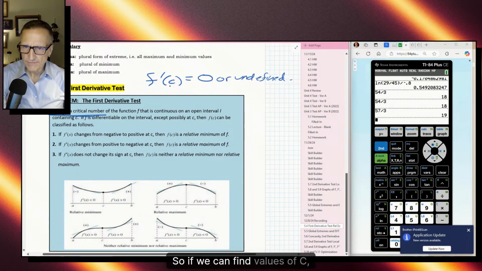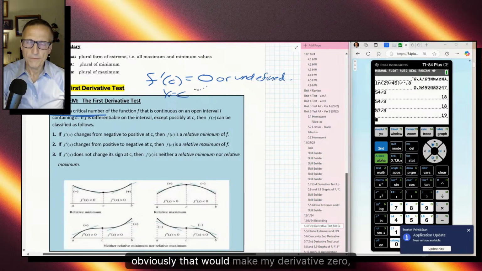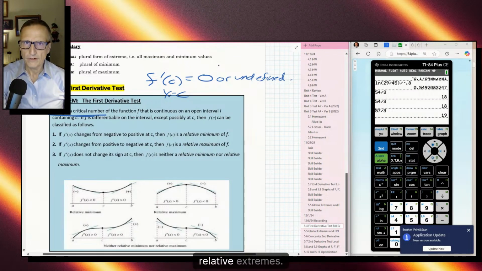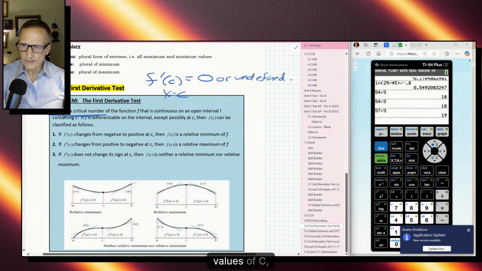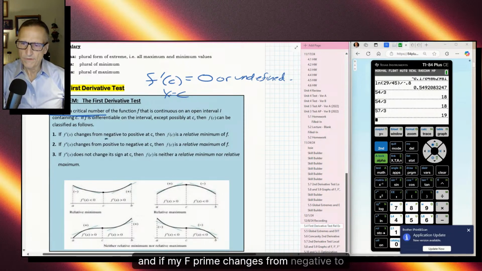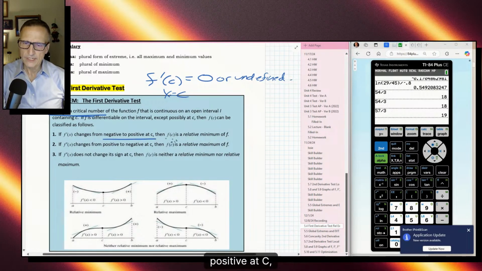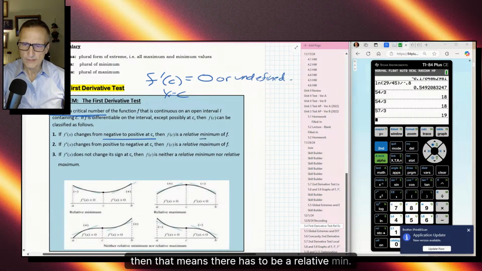So if we can find values of c, which is x equals c, that would make my derivative 0, or that would make it undefined, then those are going to be locations of potential relative extremes. So this is the official definition of the first derivative test: if we can find these values of c, and if my f prime changes from negative to positive at c, then there has to be a relative min.